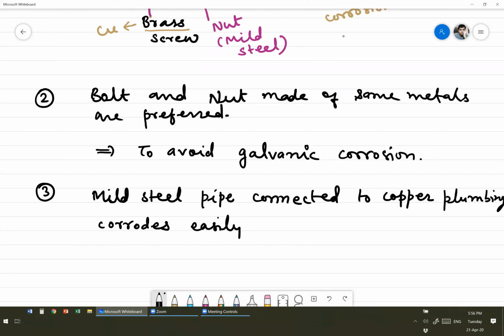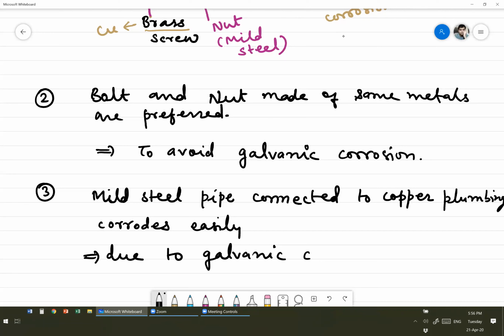So again here, it is due to galvanic corrosion, because here also two dissimilar metals are in contact, and they are also exposed to water. Both dissimilar metals are in contact with water, and they form a galvanic cell and undergo the corrosion process.